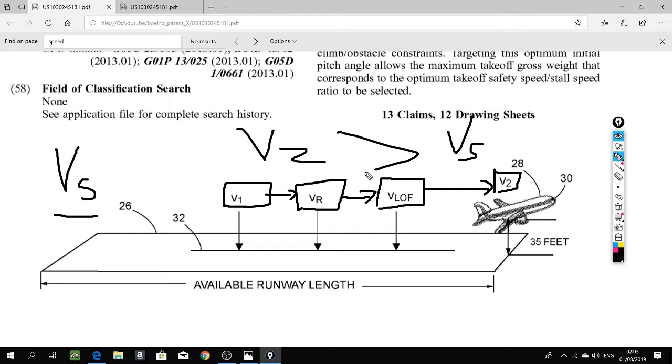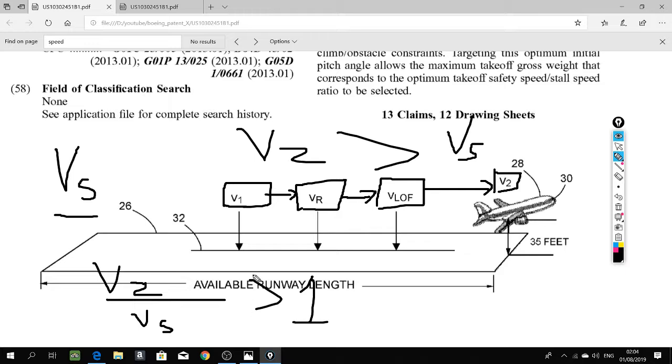What does it mean? If V2 is greater than Vs, then it clearly means that the ratio V2 over Vs should be greater than 1, right? So just keep this fact in mind, that the V2 over Vs ratio should be greater than 1, right?